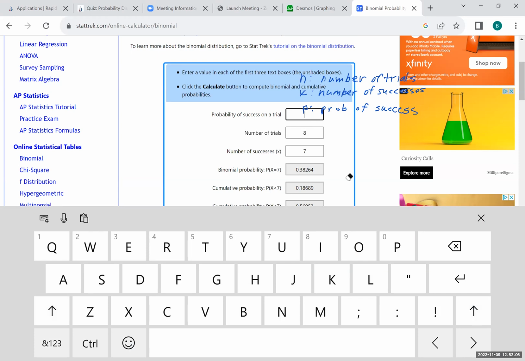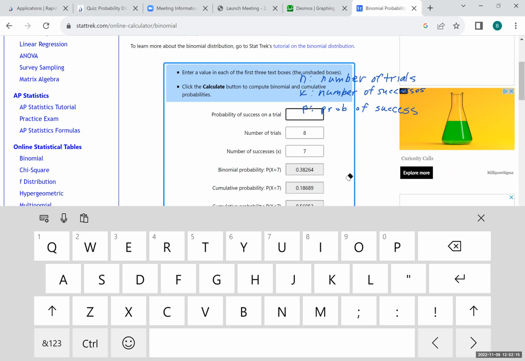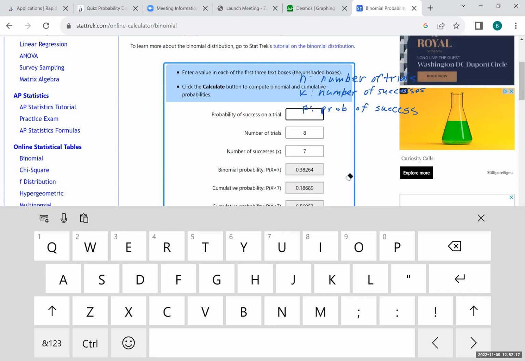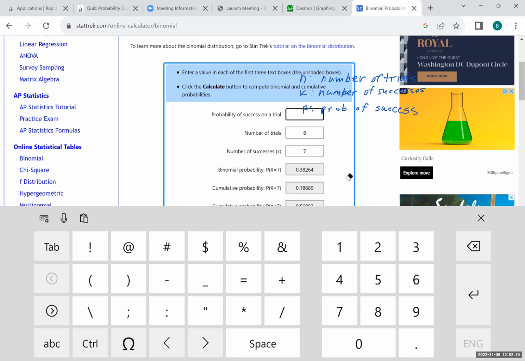What was the probability of success? 70%, right? Yes. 0.7. Where's my point? There it is. 0.7, 70% chance of success.